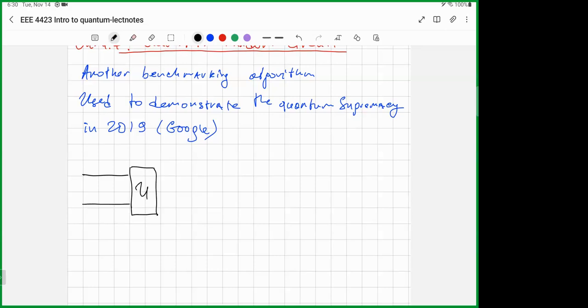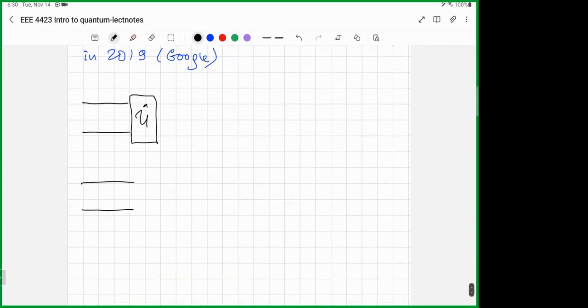So, for example, I have one unitary operator here, and then I have other qubits here, and apply another unitary operator here, and I might have other qubits in the system.